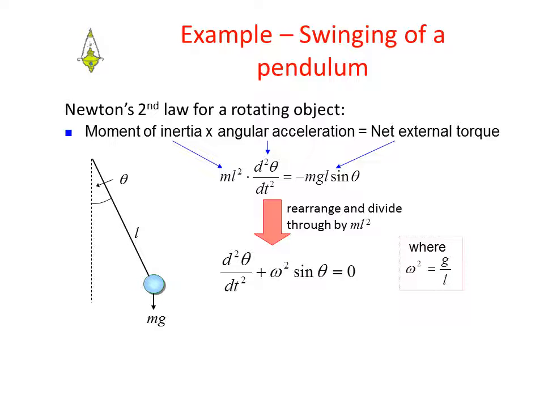Now if you bring the right hand term to the left hand side, then it will be positive, and g by L is replaced by omega square. So d square theta over dt square plus omega square sine theta is equal to 0 is the equation of second law for rotating object. This equation is very difficult to solve.